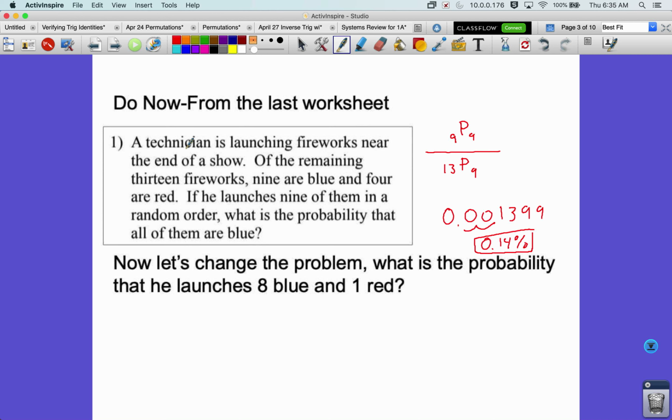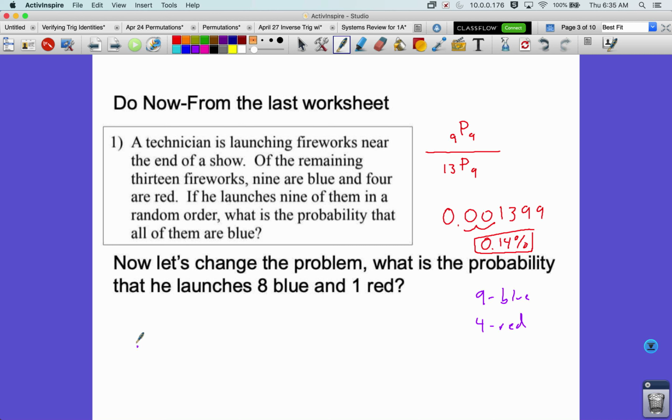So what we want to do is just examine one case. Let's just write this over here. We've got 9 blue, 4 red.